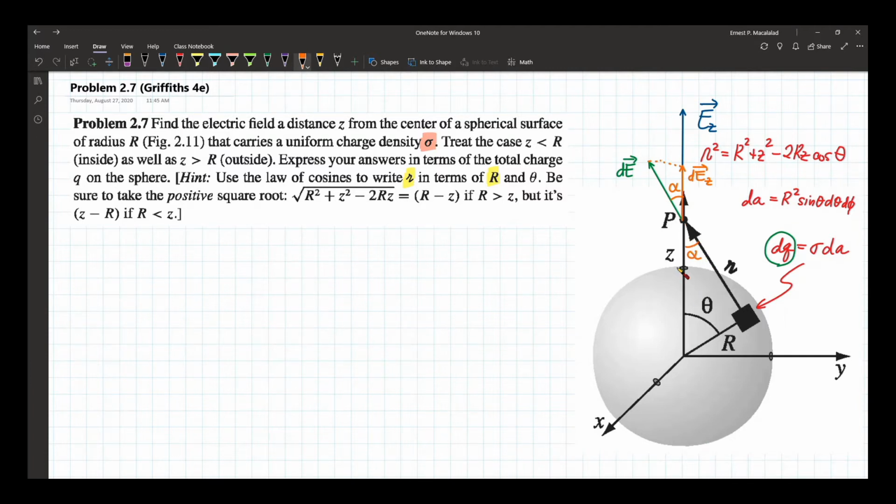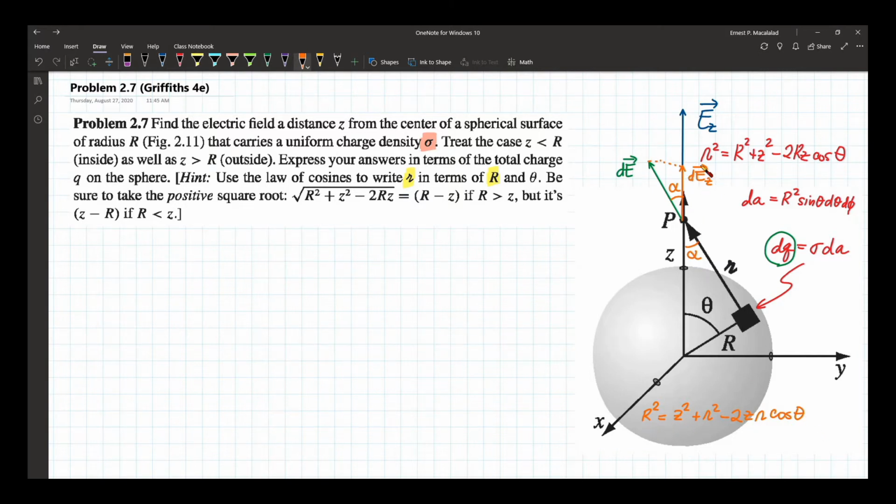From cosine law again, R squared is equal to z squared plus script r squared minus 2z script r cosine theta. Why did I do this?